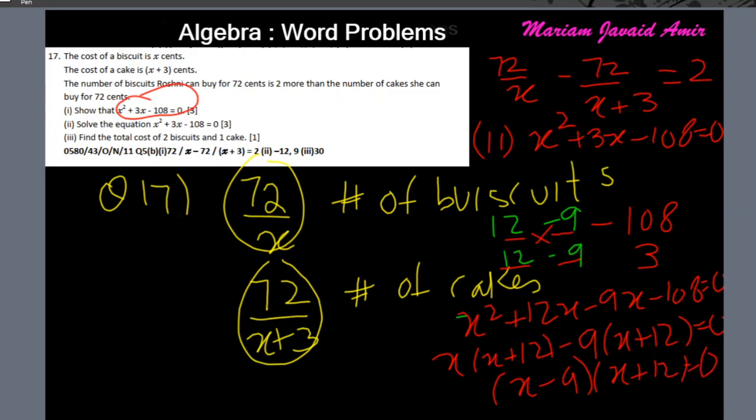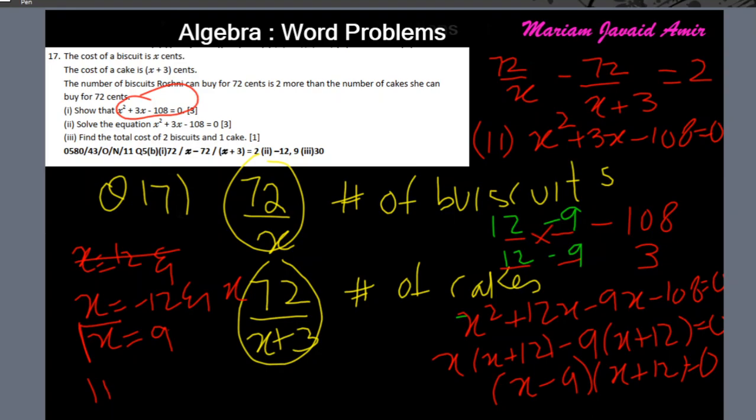So solve this and we will get x equals 9 and x equals minus 12. We will be choosing the positive answer for the next part because x was in cents and we can't have a negative number of cents.